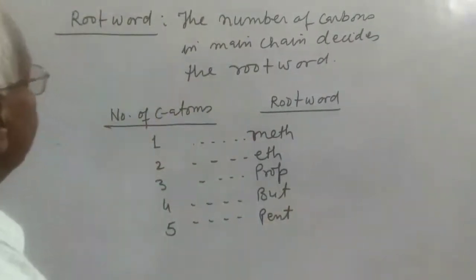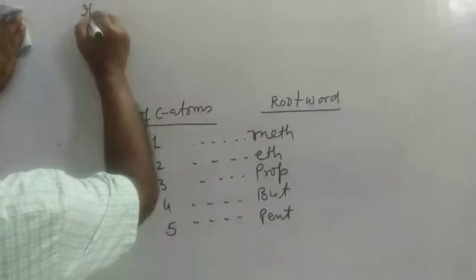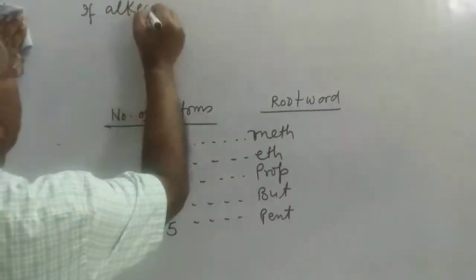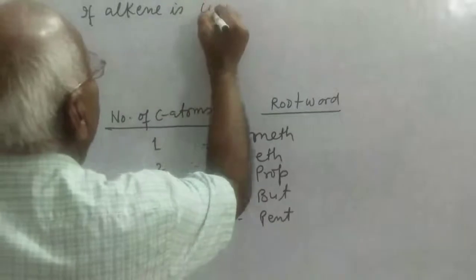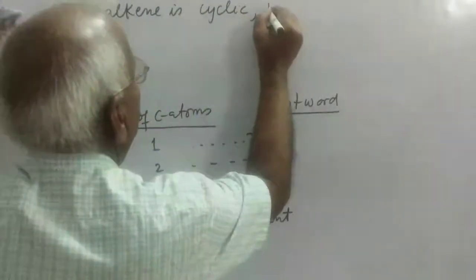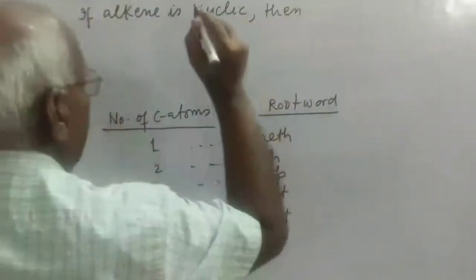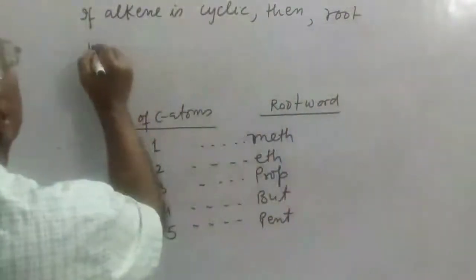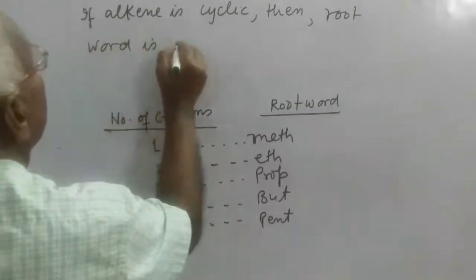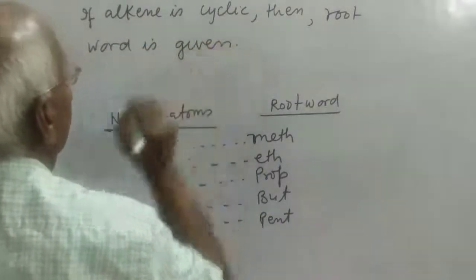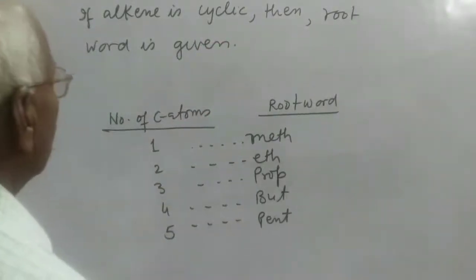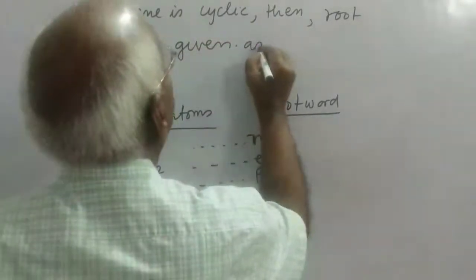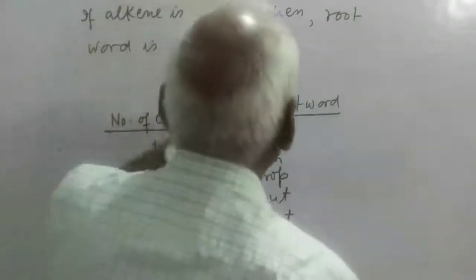If the alkene is cyclic, then the root word is given as follows.